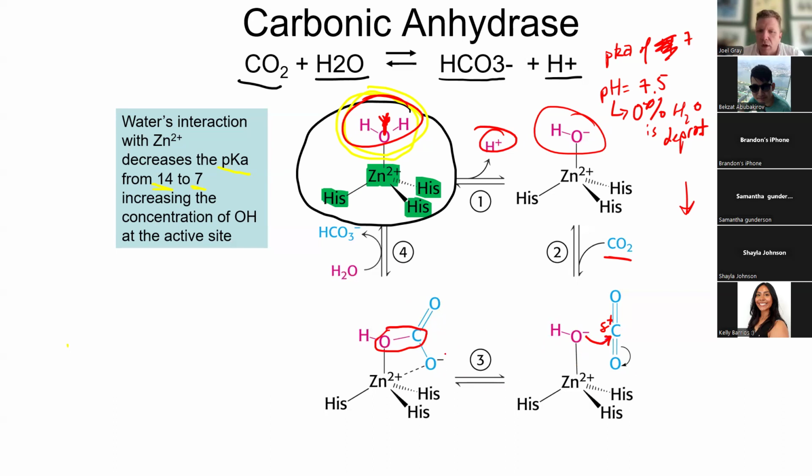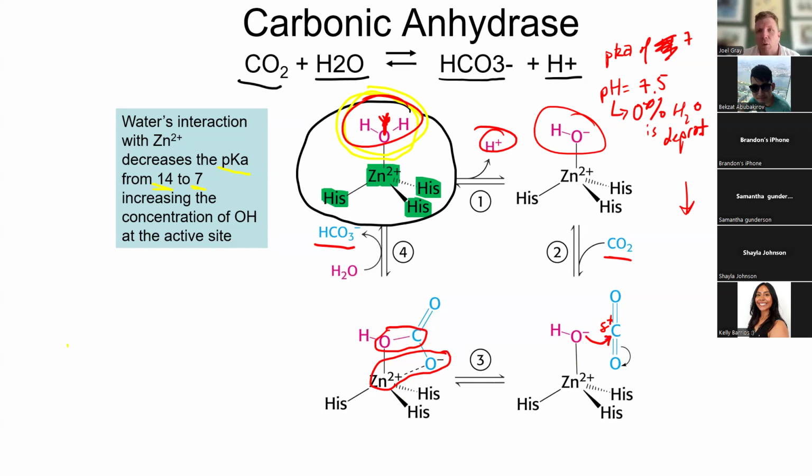This negatively charged oxygen is going to be stabilized by zinc 2+. And what we're going to release then is HCO3-, and that HCO3- is going to be displaced by H2O.